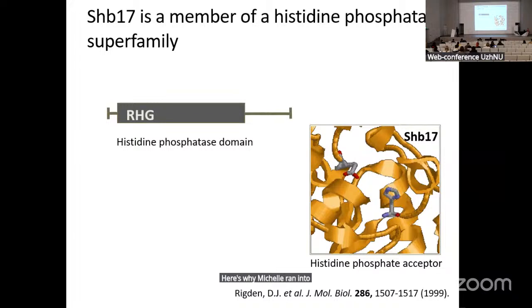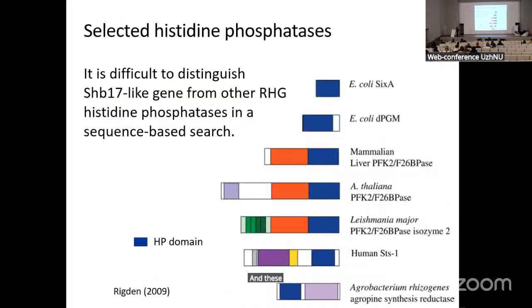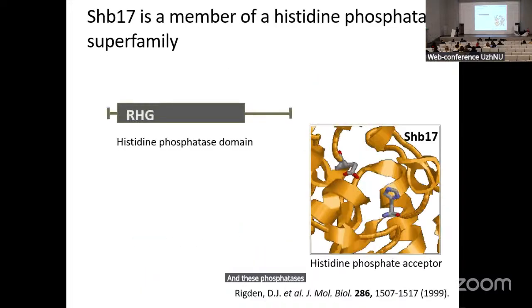So SHIB17 is a member of a very large family of acidic phosphatases. And these phosphatases, there's a key histidine here that takes the phosphate off the substrate.